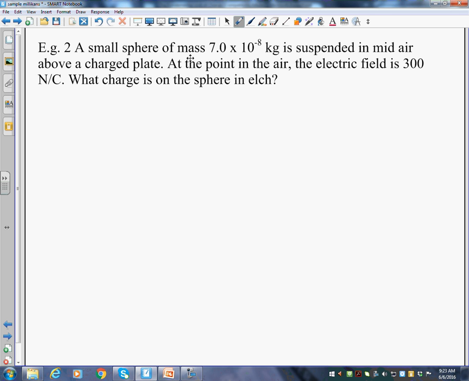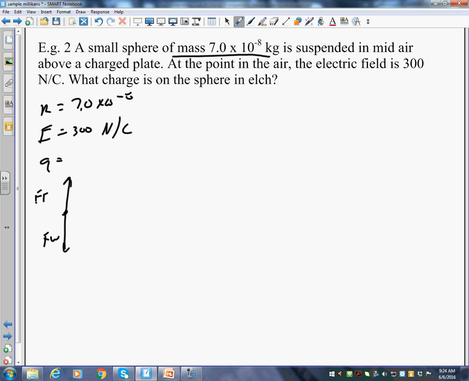So the mass, see it says mass. Mass is 7.0 times 10 to the minus 8. The electric field is 300. E is 300 newtons per coulomb. We are solving for charge. We don't know the charge. Again, weight force is balanced by electric force.